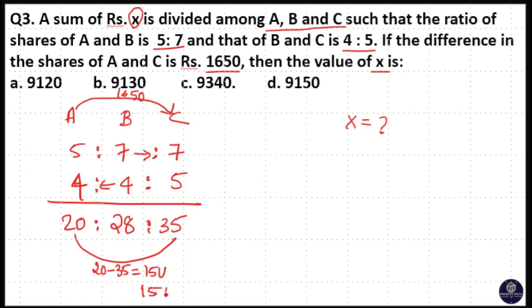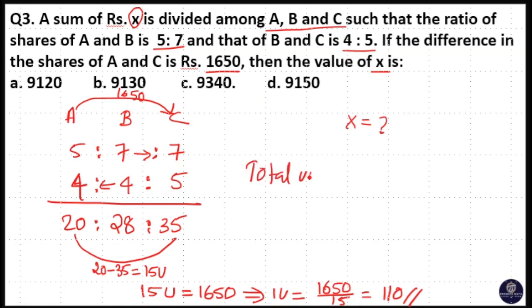So that means 15 units is equal to 1650. That means 1 unit is equal to 1650 divided by 15, that is 110. So 1 unit is 110. So the total number of units is 20 plus 28 plus 35.